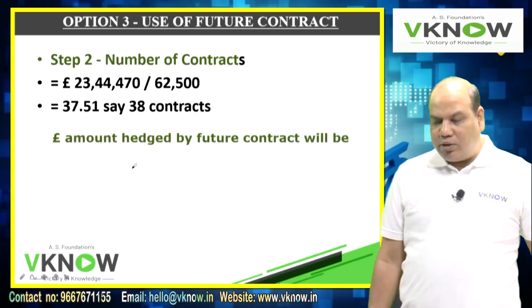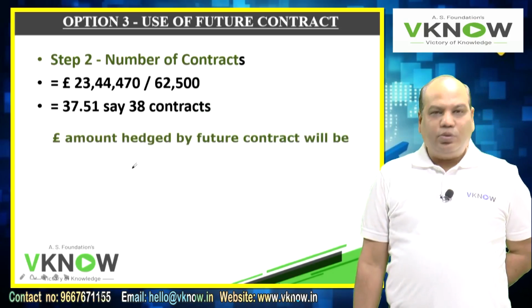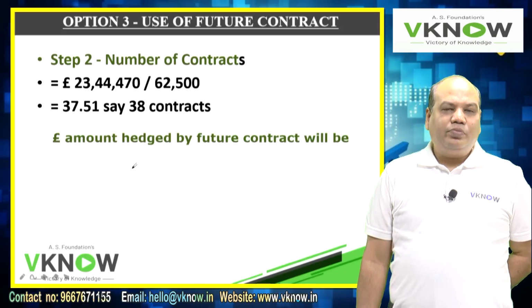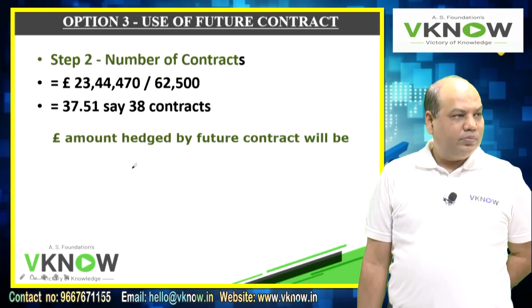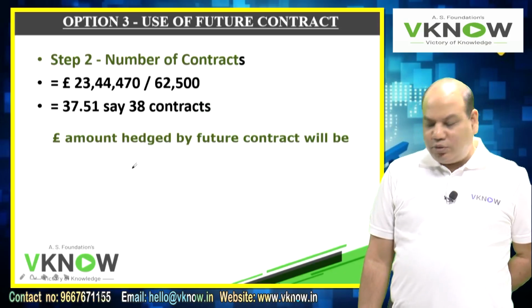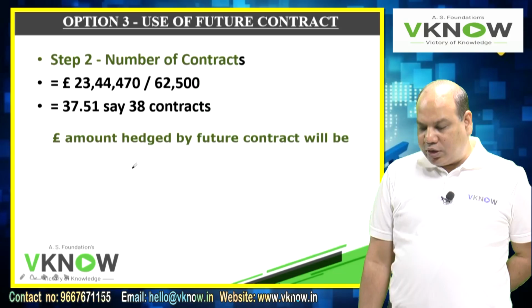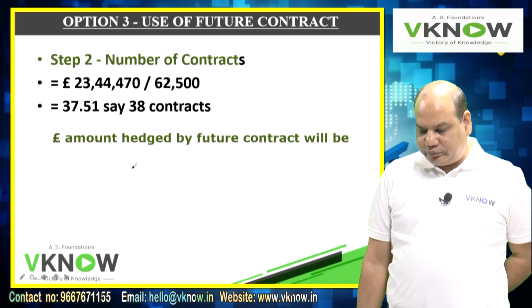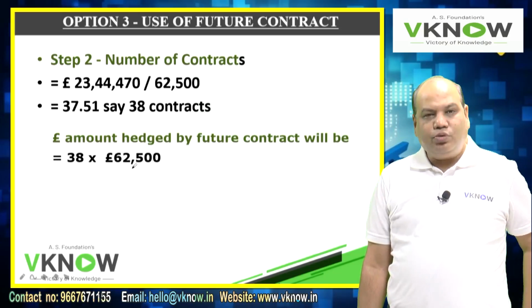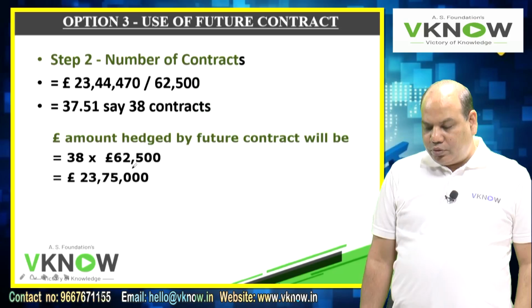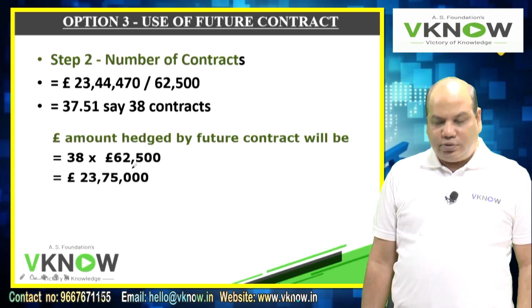Next is pound amount. Pound amount hedged by future contract will be 38 into 62,500, 23,75,000.